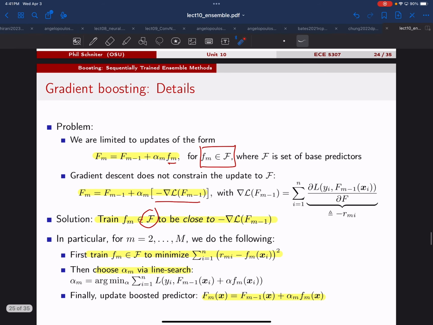So we do an approximation of the gradient step where we give the gradient values a name, RMI, and we design our model to be close to those in RSS. And finally, we just choose alpha via line search. So now we've designed alpha M and FM, and we just add them to our previous boosted predictor to get our next boosted predictor, and we repeat over and over.